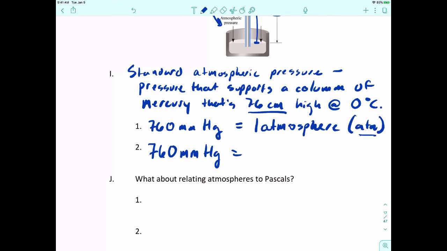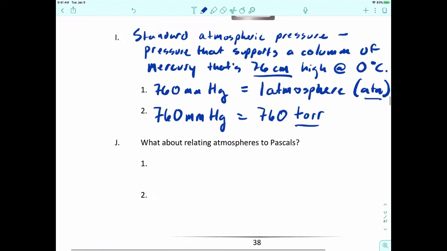And so he came up with his own pressure system. He said that 760 millimeters of mercury, or 76 centimeters, would also be equal to 760 torr. So you may come across the torr unit, and just remember, that's like saying the same thing as millimeters of mercury.